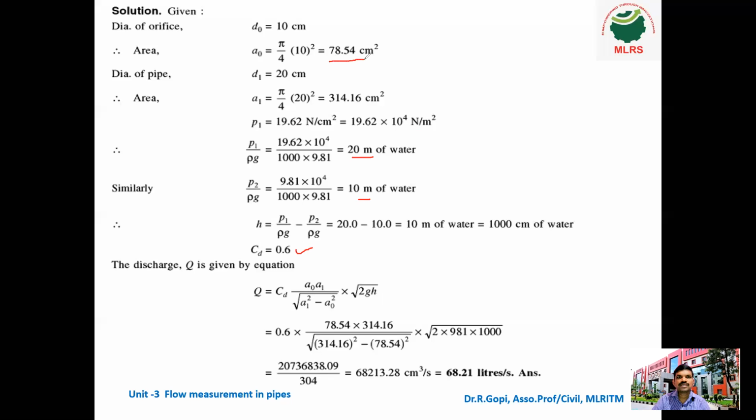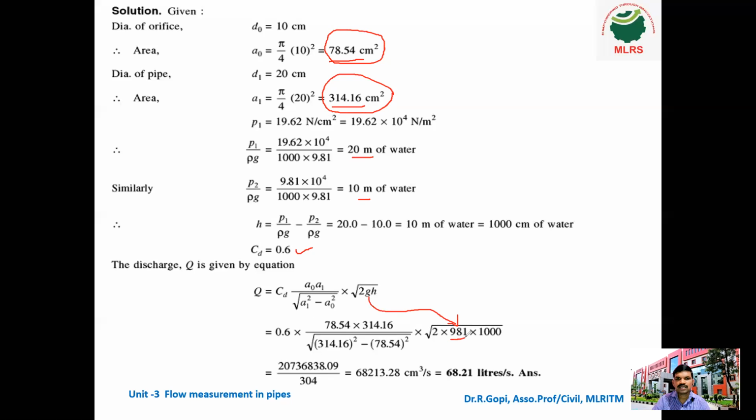What is A0 value? 78.54 centimeter square and A1 is 314.16 centimeter square, divided by root of A1 square minus A0 square, into root 2GH. Here I substituted in terms of centimeter. Please see this 78.54 and this 314.16, I substituted in terms of centimeter only.